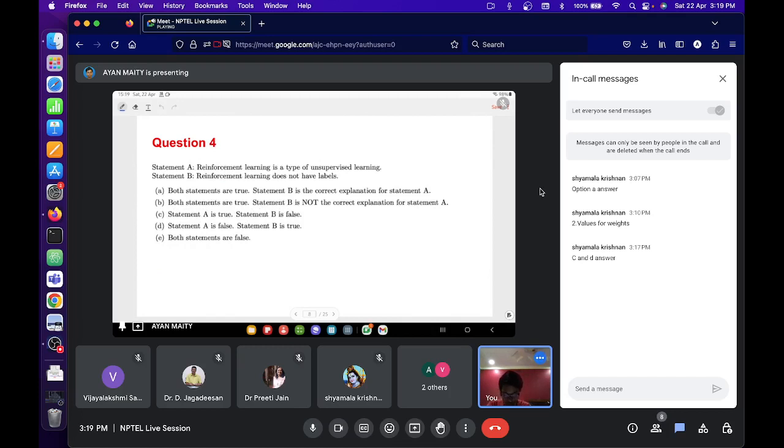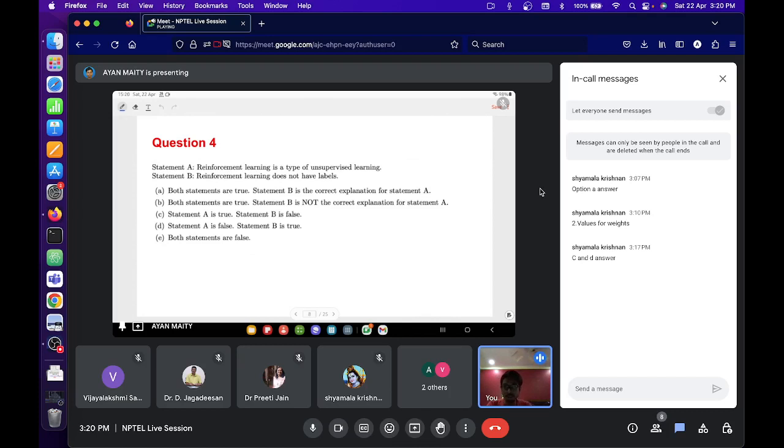Question 4. There are two statements written here, statement A and statement B. Statement A says that reinforcement learning is a type of unsupervised learning, and statement B says that reinforcement learning does not have labels. So you have to find out which of these two statements is or are correct.